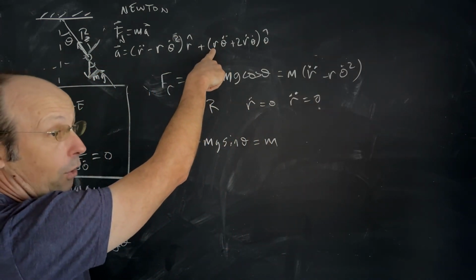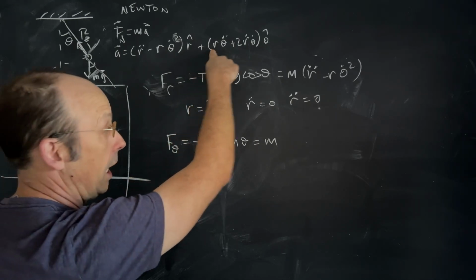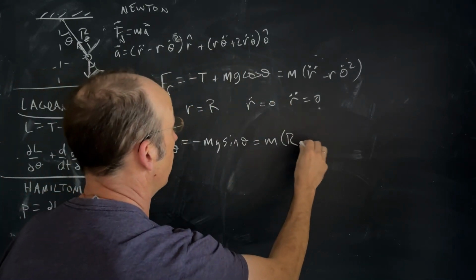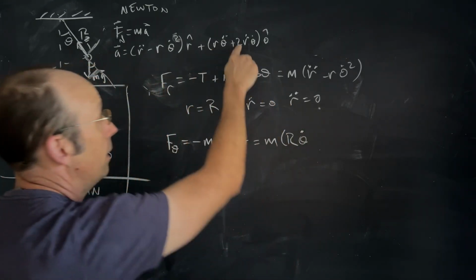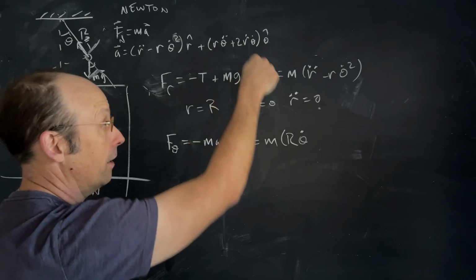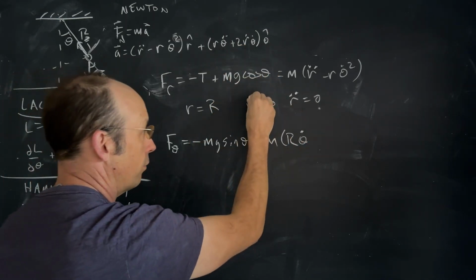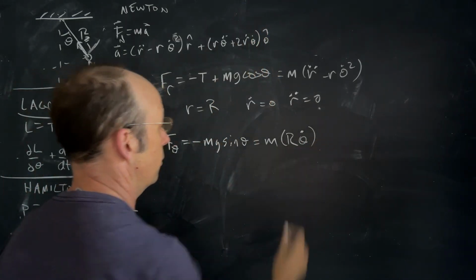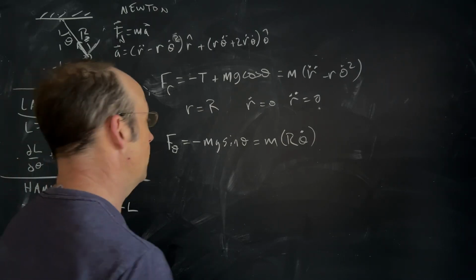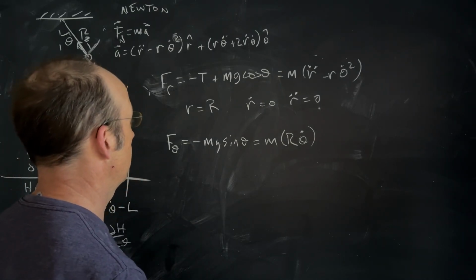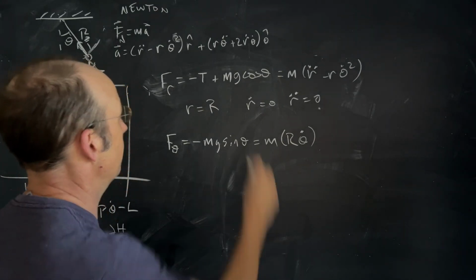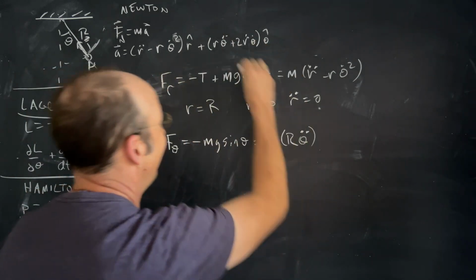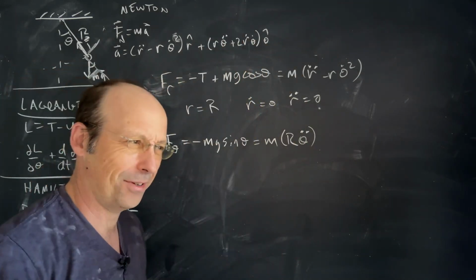I'm going to put in little r is capital R. So it's capital R theta double dot, and then that term has an r dot that goes away, 0. So that's it. Okay, wait, that's the double dot. I was looking at that like, wait, something's not right.